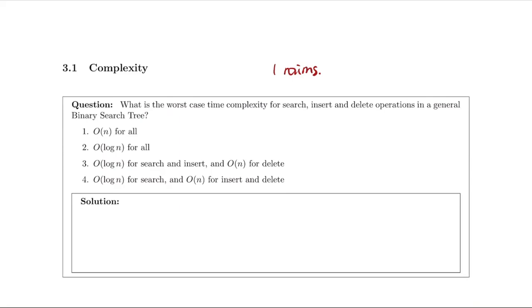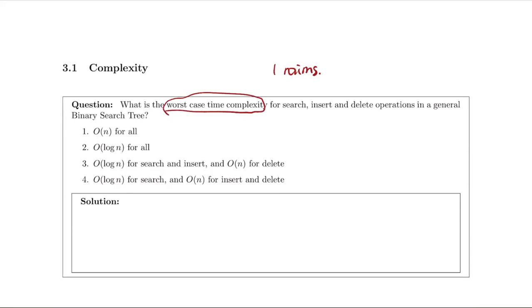Okay, I think the wording here might mislead some of you a little bit. The question is asking the worst case time complexity in a general binary search tree. It's not the average time complexity.